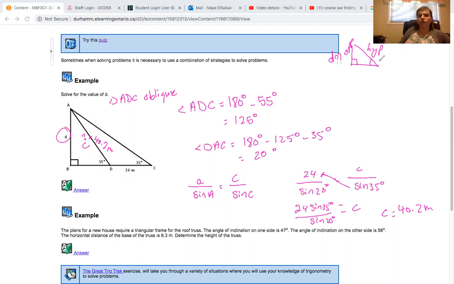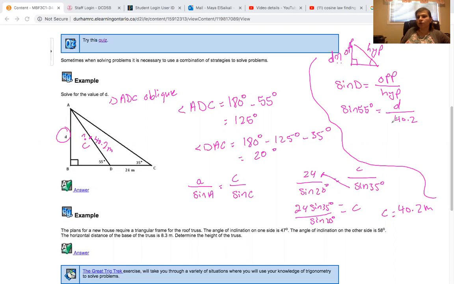I know the hypotenuse. So SOHCAHTOA, sine. So sine 55 equals the opposite over the hypotenuse. I don't know what the opposite is, it's letter D, divided by the hypotenuse, which is 40.2.